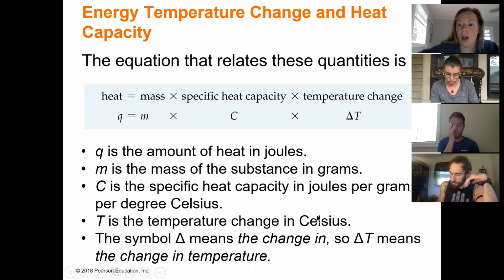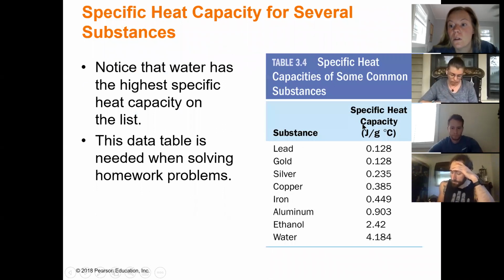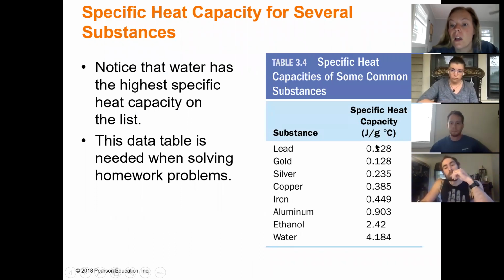Now, I'm going to go back to that previous page just to look at the units for specific heat capacity. Joules per gram degree Celsius. So the joule is above the fraction bar. The gram and degree Celsius are below the fraction bar. So three units in this derived unit, all right? If this value is in joules per gram degree Celsius, the other things have to match those units.